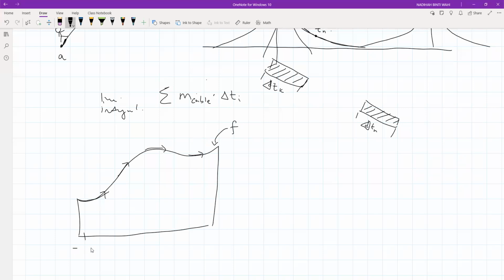Then the small area that I pass through, let's say this is dx, not delta x. In this case too, I can understand the line integral as f times delta x, which is your area. Same thing. So it carries a different meaning in each problem that we want to examine.